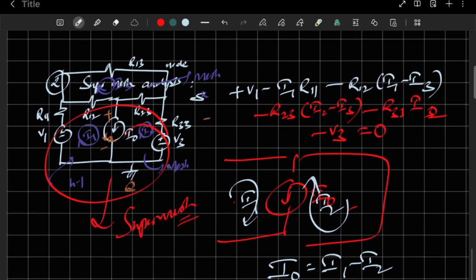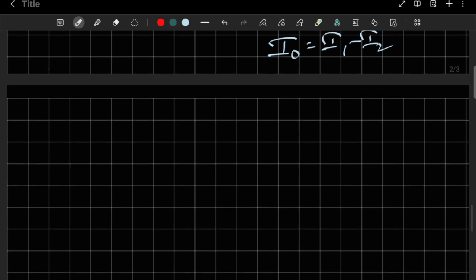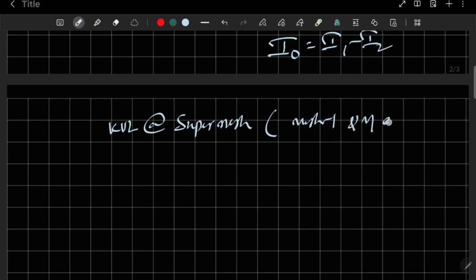So in the case of a circuit involving a super mesh, equations are to be obtained as follows. One is KVL for the super mesh, in our case mesh 1 and mesh 2. Then KCL at the super mesh.